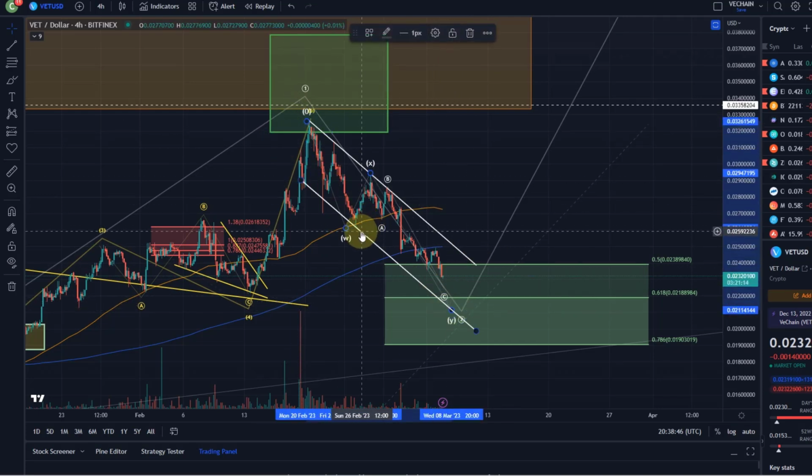So we've got the wave W, we've got the X wave, and then you connect the beginning of the wave W with the end of the X wave, and then you draw a parallel channel, add it to the wave W, and you get a possible end for the Y wave, and that would be just below the 61.8 fib. Now, we don't always get there, but it's a nice guide to have, okay?